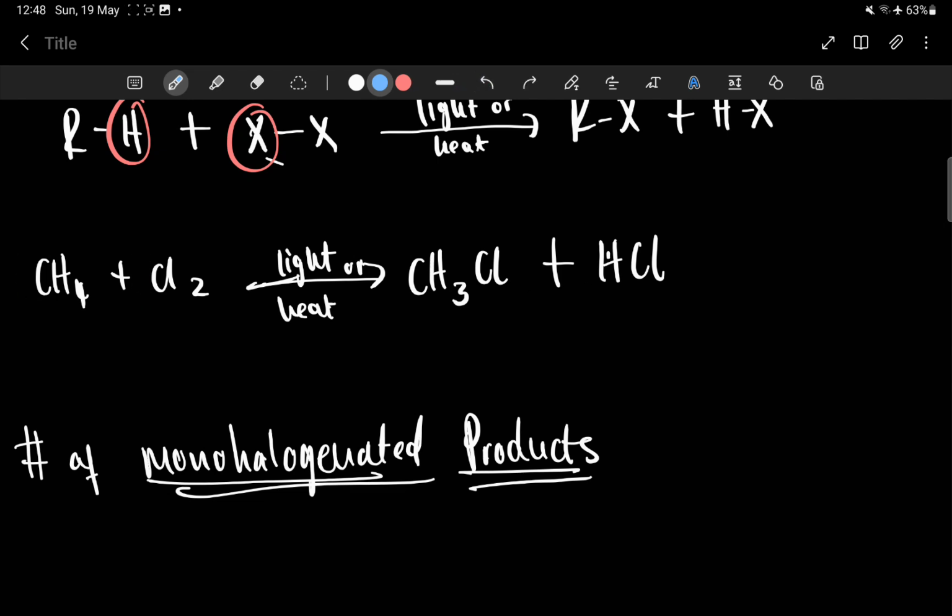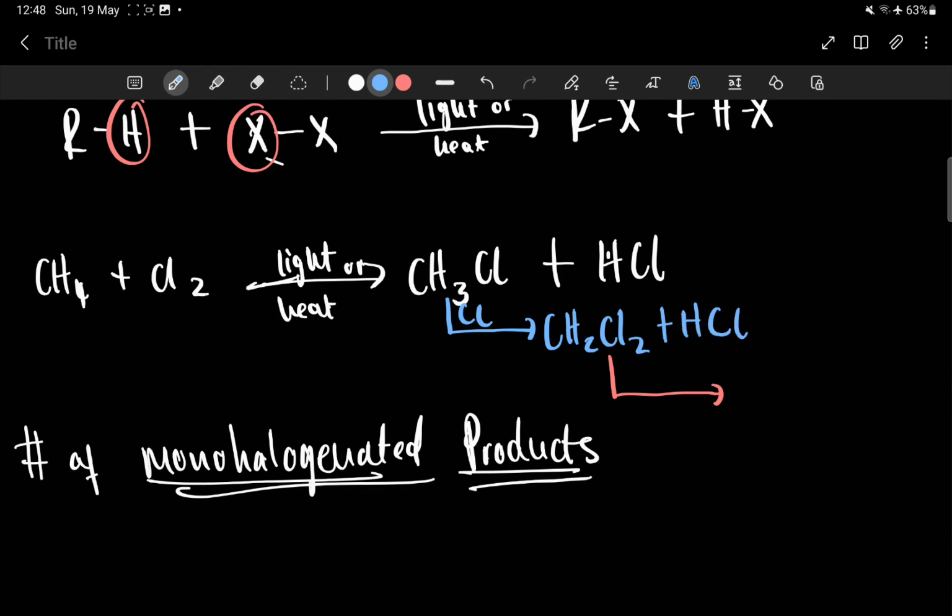But if there is excess chlorine, then this reaction will not end here. It will react with chlorine again, CH3Cl will become CH2Cl2, another hydrogen swapped, and it gives away HCl.